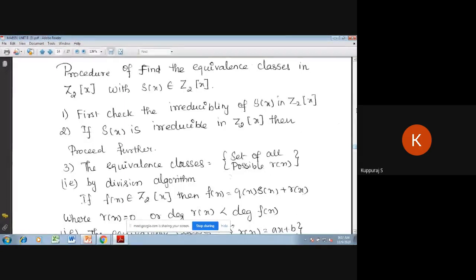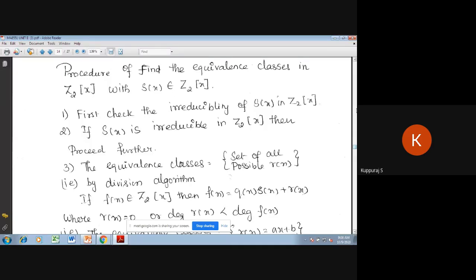So you have to know the procedure of finding the equivalence classes in Z2[x] with s(x) belonging to Z2[x]. The first step is to check whether the given polynomial is reducible or irreducible over Z2[x].